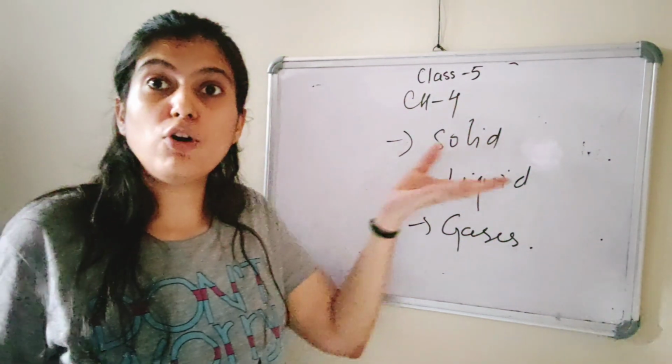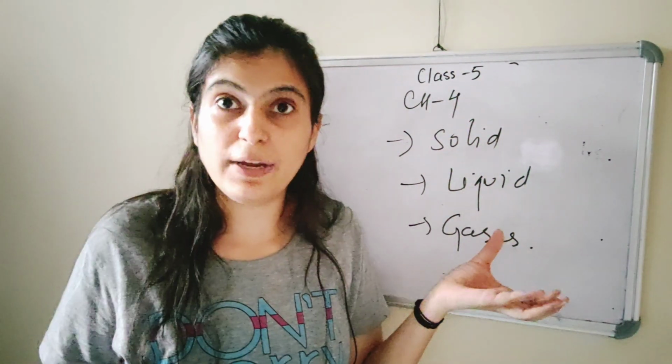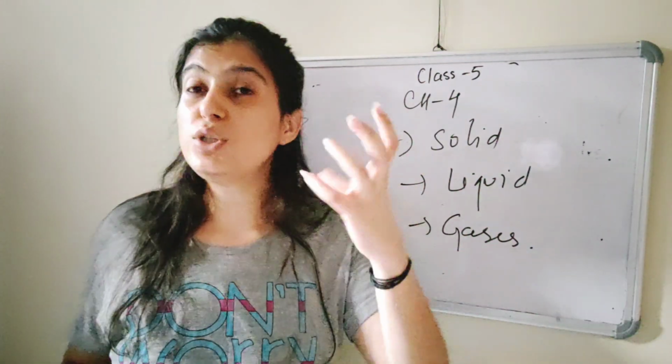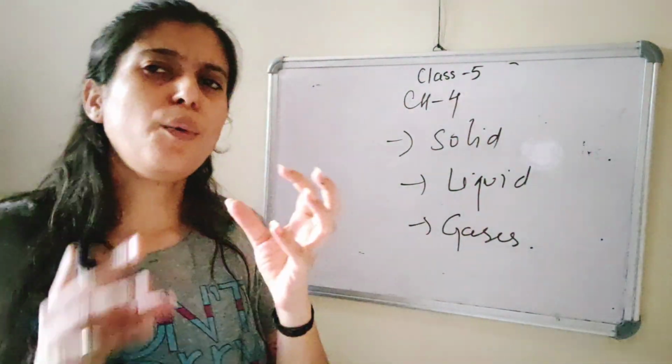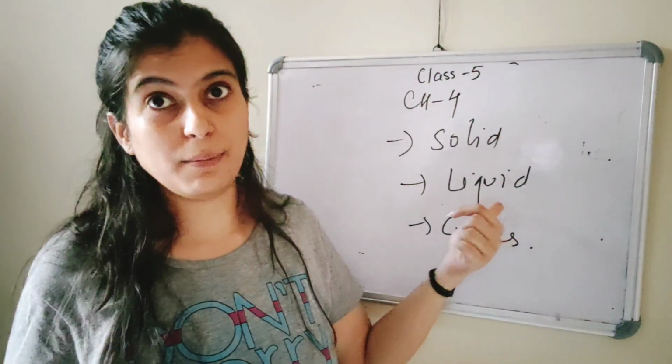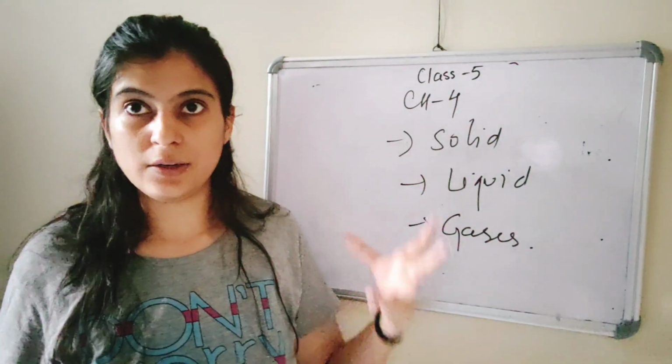This happens because of the different arrangement of the molecules. Now, how do the molecules arrange themselves? What are the forces of attraction, or no forces, which help them to exist in different states?